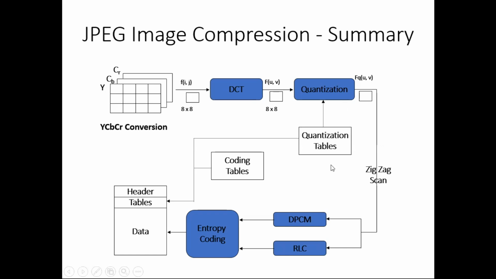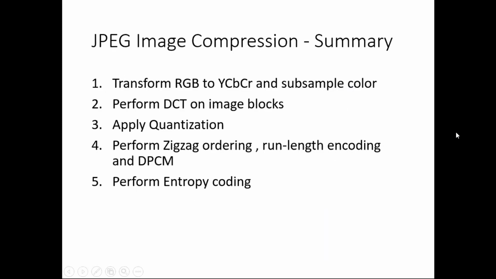Let's discuss these steps one by one. Right, this is the summary. First, transform RGB to YCbCr and subsample colors, or downsampling. Then perform DCT on the image blocks. We are finding 8 by 8 blocks and performing DCT, or discrete cosine transformation.